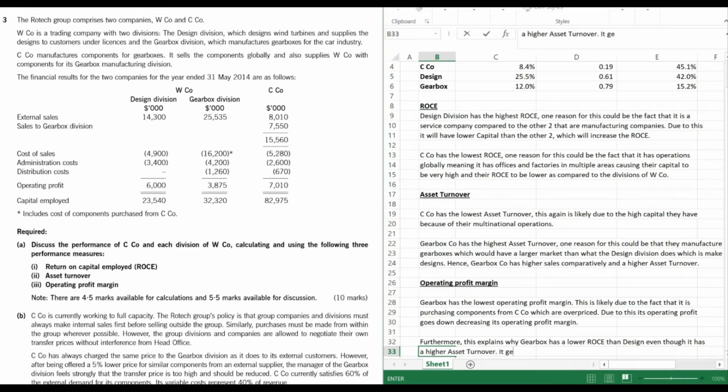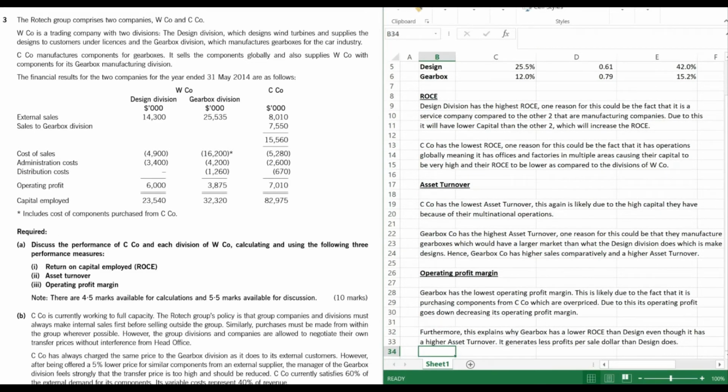It generates less profits per sale dollar than Design does. Okay, so we're going very extensive. Technically, we've made more than enough points at this level that we will easily get a very good mark. Okay, but let's see if we can go further.